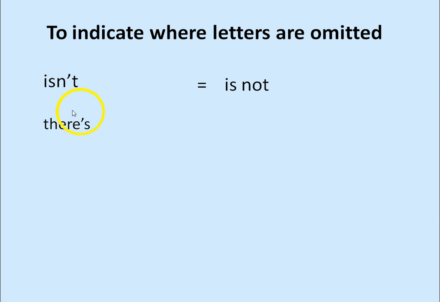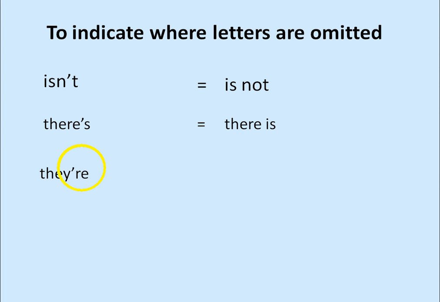So in another example, there's, that's a short form of there is. So the letter missing there is an I. So we're using an apostrophe there for a very different reason, to indicate where there are letters missing.